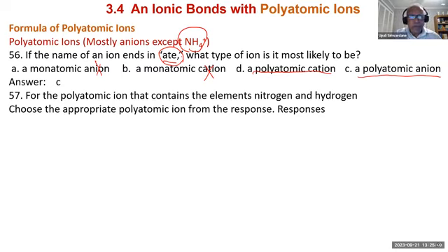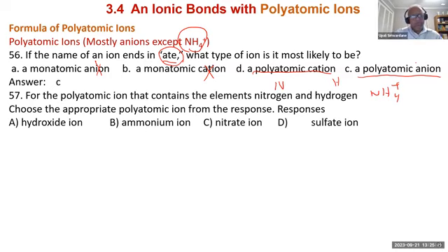For the polyatomic ion that contains the elements nitrogen and hydrogen, if you remember, this is ammonium ion in the list. This is the only one with nitrogen and hydrogen. So the answer should not be hydroxide. This is ammonium ion, NH4 plus.